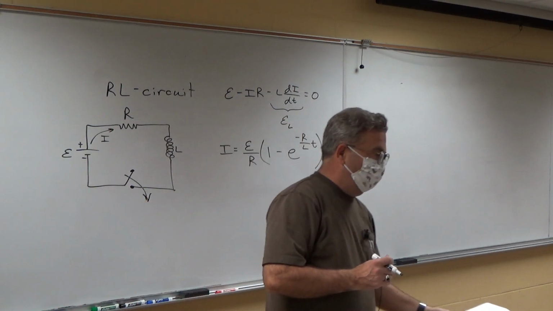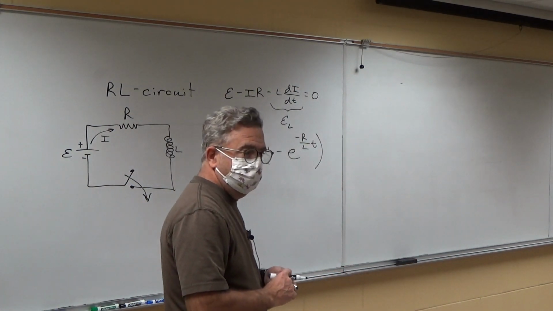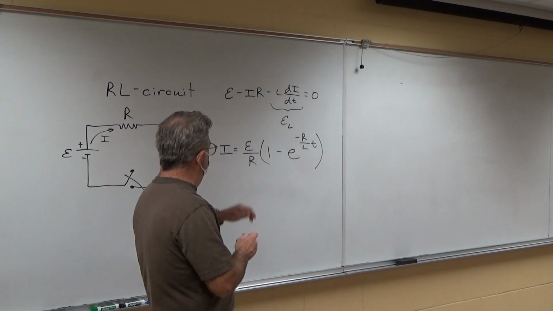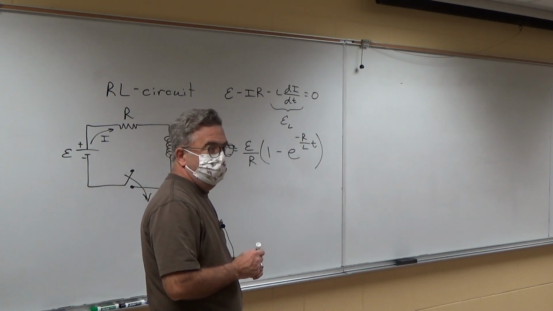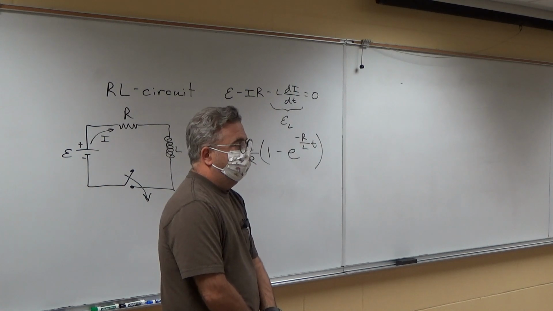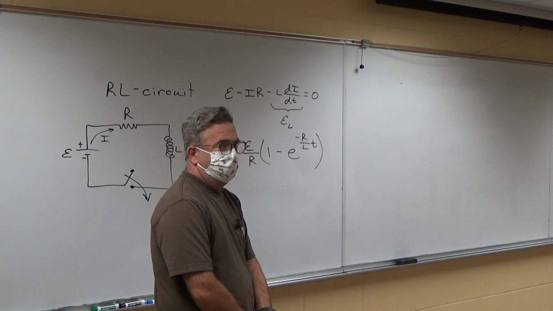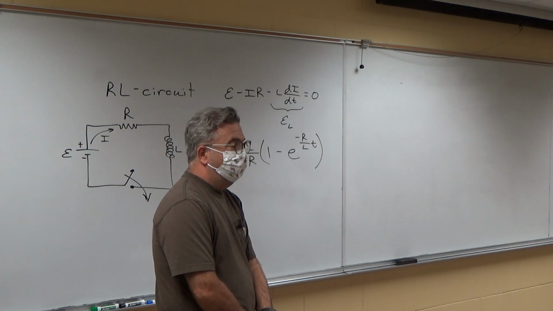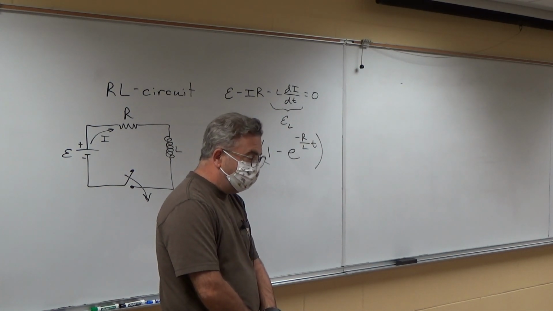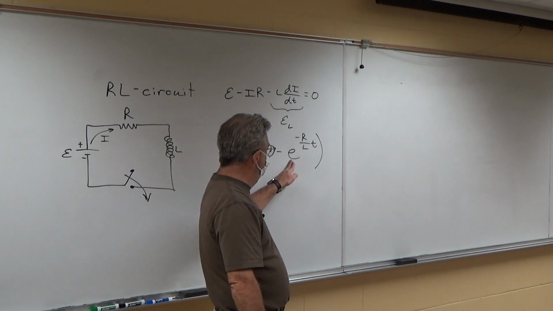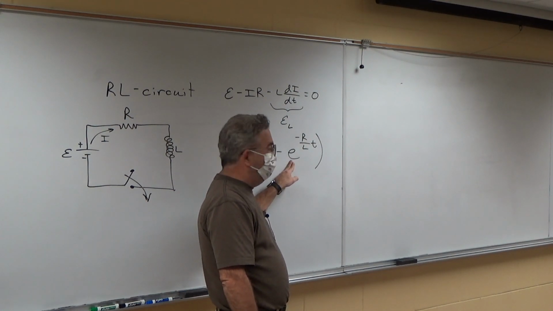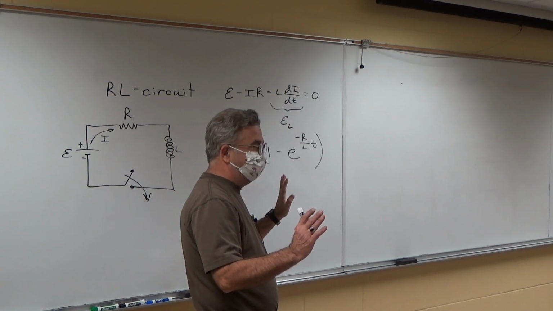At t equals 0, I close the switch. What is the current at t equals 0? Not a difficult question. 0, yes. This is 1. That makes perfect sense, I hope.